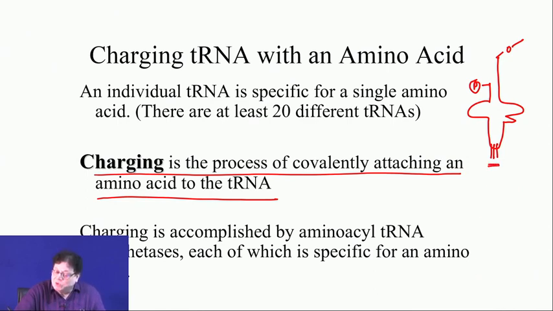Suppose I write any sequence, say U A C. Suppose the anticodon is UAC, then the codon for this anticodon will be AUG.